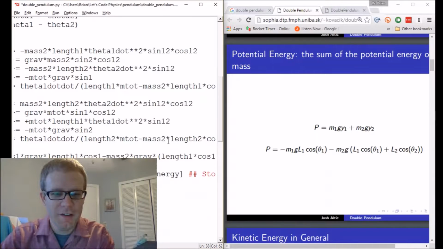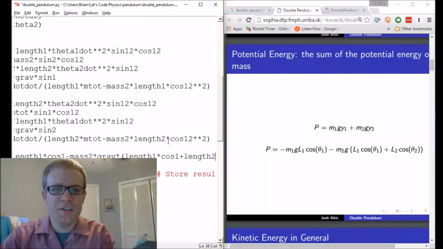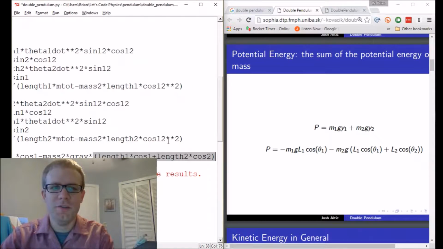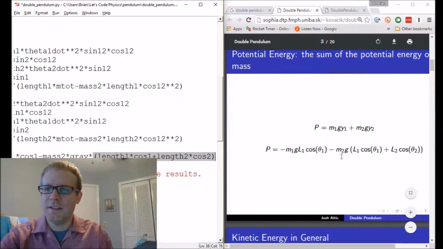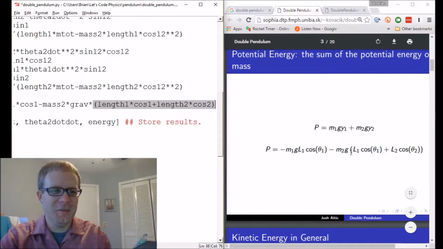Times cos 1 plus length 2 times cos 2. Alright, so I've got negative mass 2 gravity times length 1. Let me scroll up for y'all. Length 1 cosine 1 plus length 2 cosine 2. Okay.